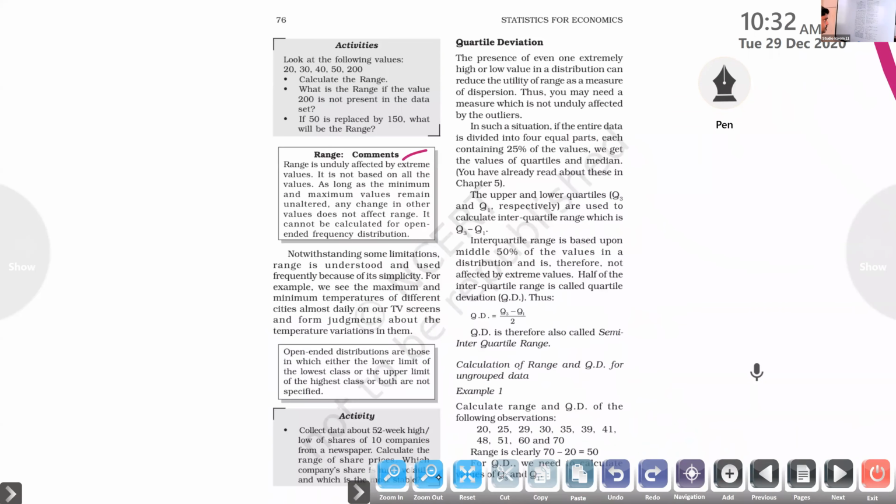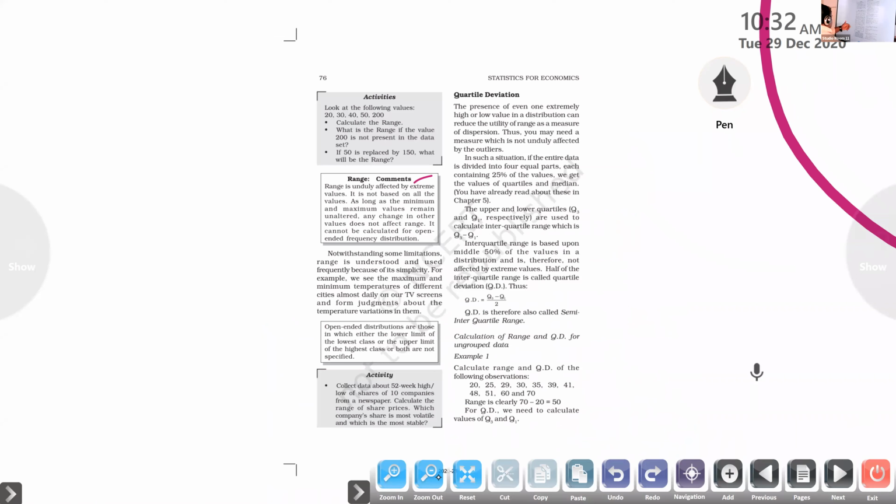Okay. Next one. Notwithstanding some limitations, range is understood and frequently used because of its simplicity. For example, we see the maximum and minimum temperature of different cities almost daily on our TV screen.